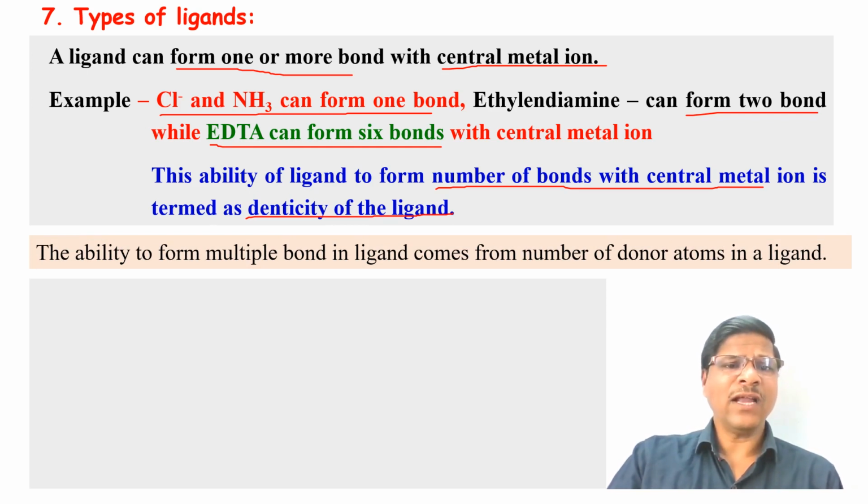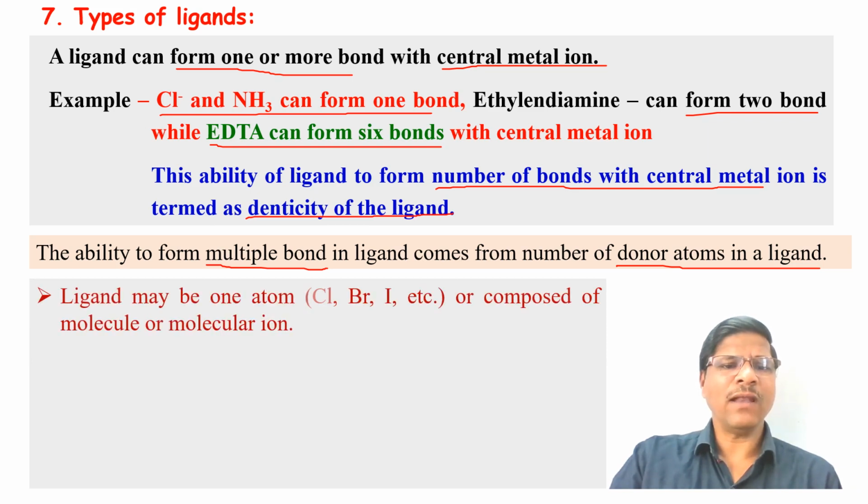Another concept we should know is the donor atom in a ligand. If you see ligands that form multiple bonds, they have more than one donor atom. Ligands like chloride, bromide, iodide are composed of a single atom. Ligands like ammonia and water are molecules.